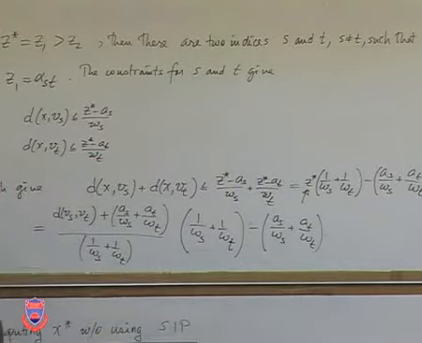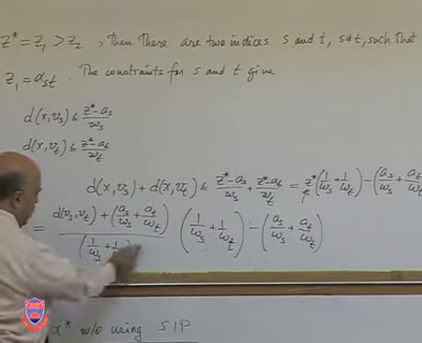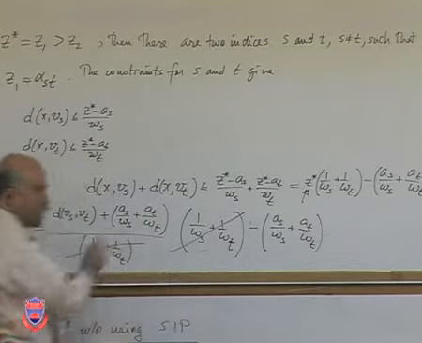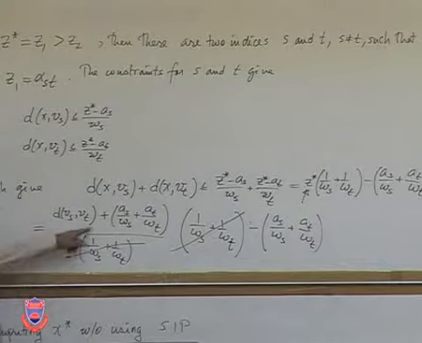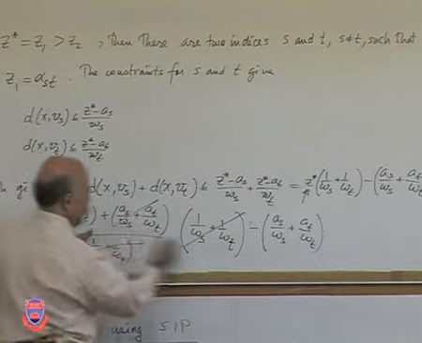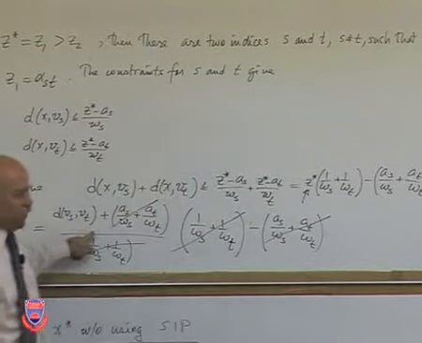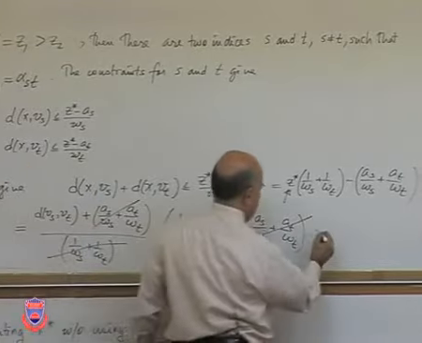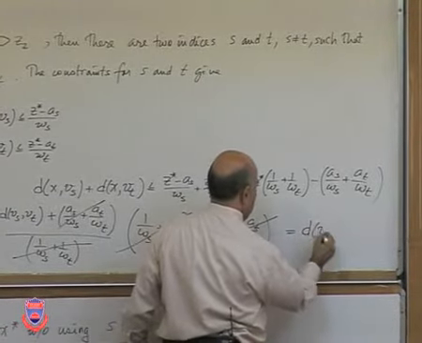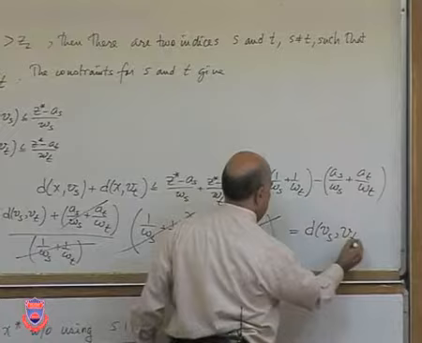Now, of course, you can see from here that that cancels with that. What remains is, well, this goes with that. So what remains is the distance between Vs and Vt.